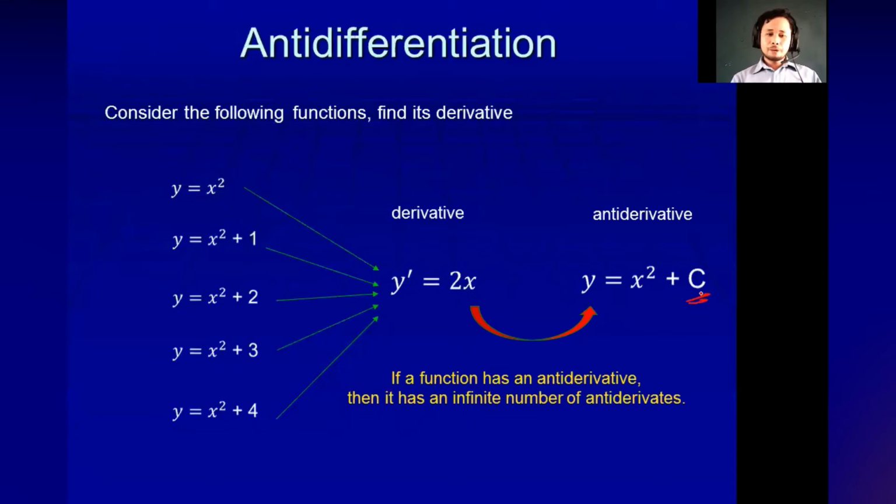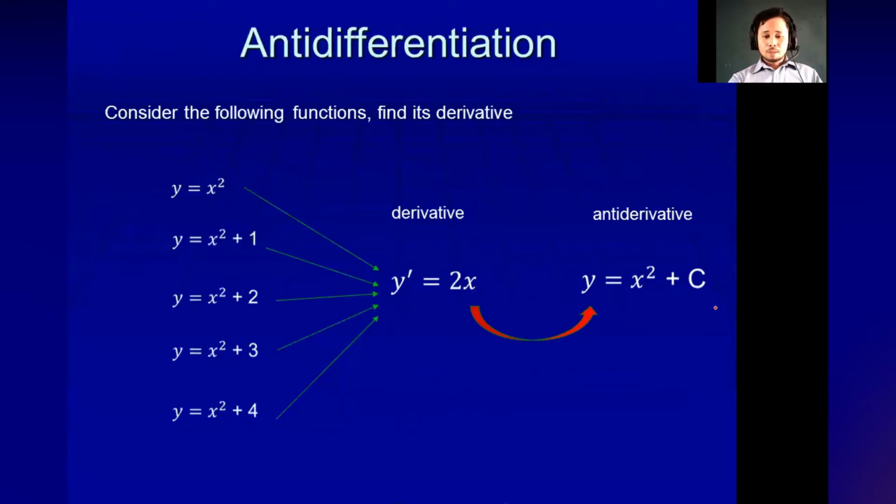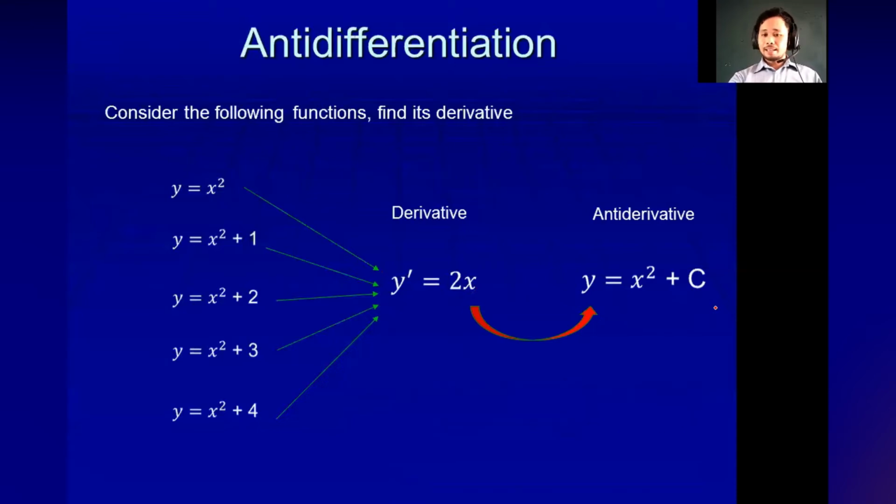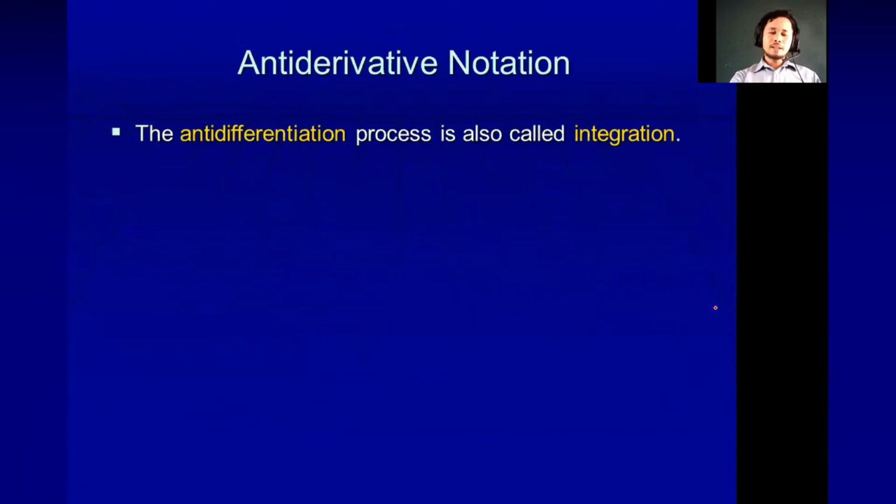So that is the reason why we add plus c. To capture the fact that there are infinitely many antiderivatives, we add a constant, and that constant is called the constant of integration.